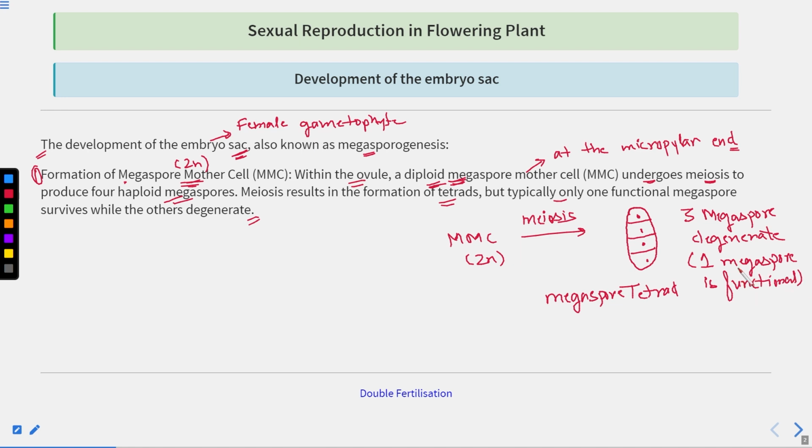Alright, this megaspore then forms the embryo sac. Clear? Now let's move on to the next slide.